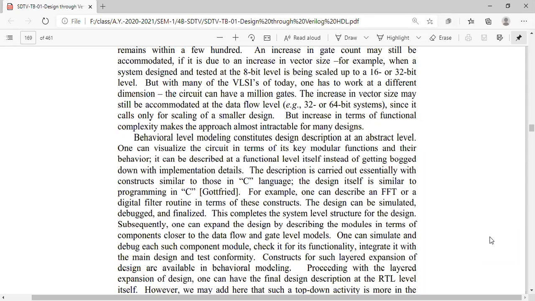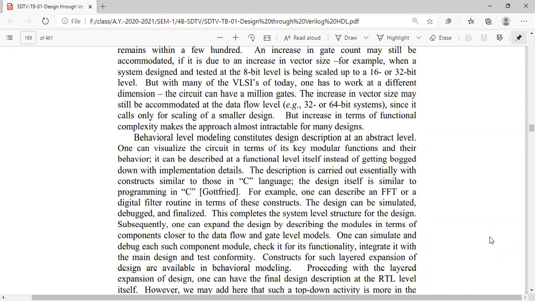So we describe the content. Here we took the example of FFT. First you describe it, design it, simulate it, debug it, and finalize it. First we verify the syntax, that is compiling. If compilation is okay, meaning there are no syntax errors, then we go for the simulation.